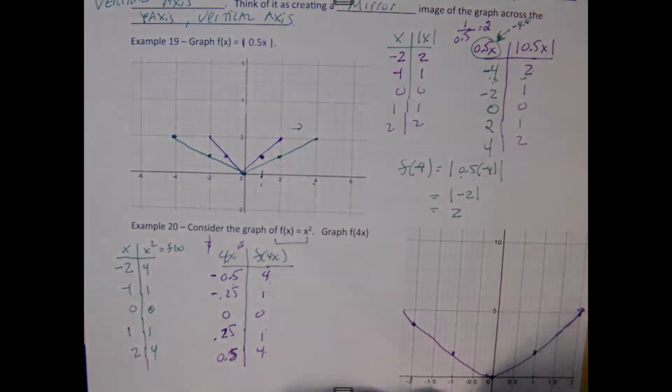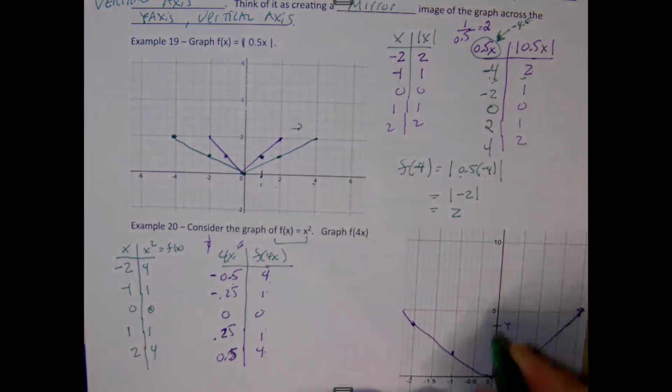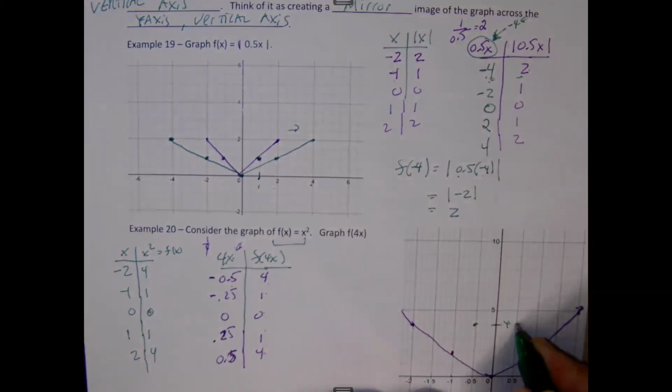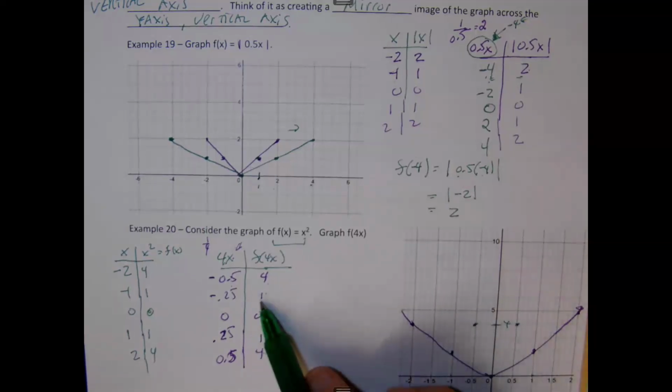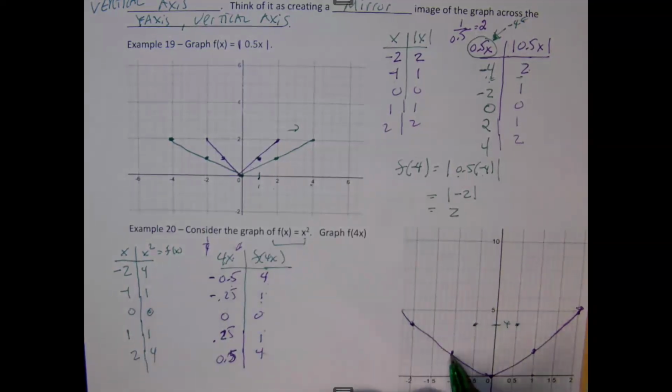But now what's happening is the 4 output, which happened right here, is now happening much earlier at -0.5. The 1 output, which used to happen at -1, is happening again 4 times faster, so now it's at a quarter.